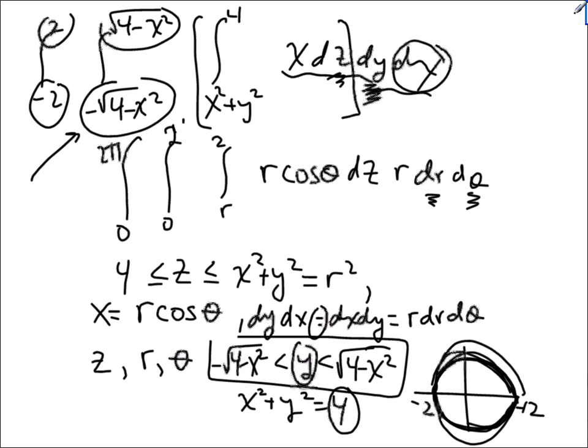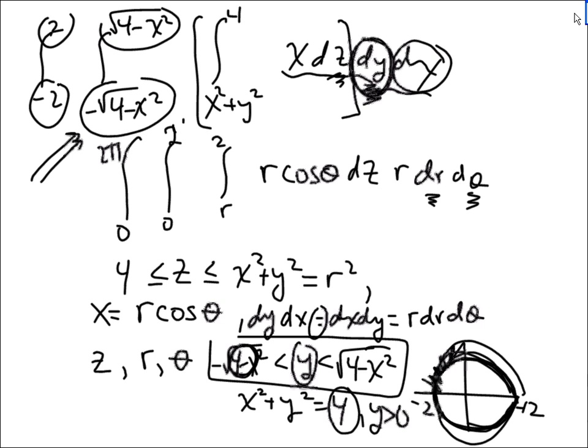If this here had been 0, that is, y goes from 0 to the square root of 4 minus x squared, then I would still get x squared plus y squared equals 4, but y has to be positive.